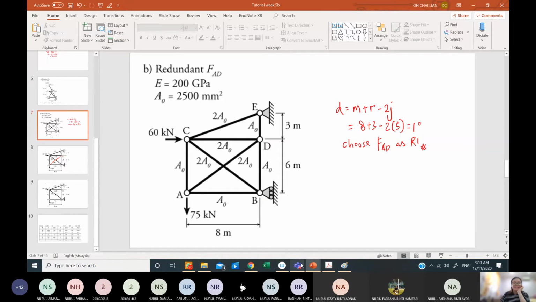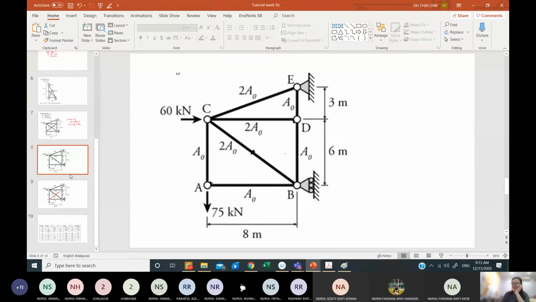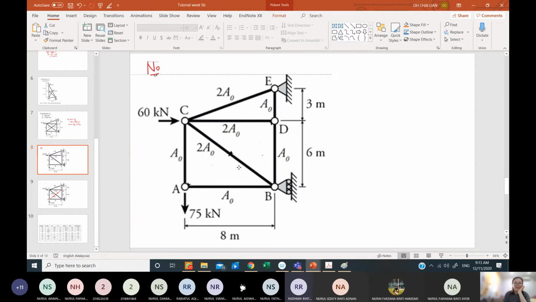So, have you done? Yes, doctor. Okay, so now let us have a look at the primary structure. Oh, my structure is not right. Okay, so this is the primary structure. Have you got this? Yes, doctor.